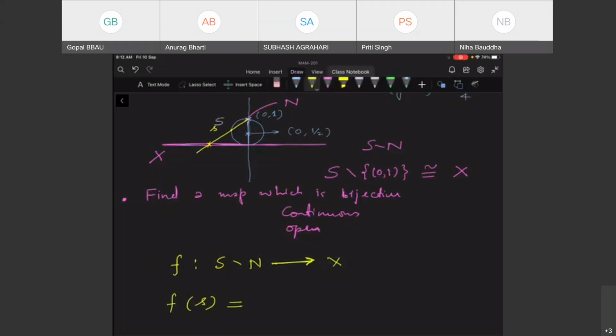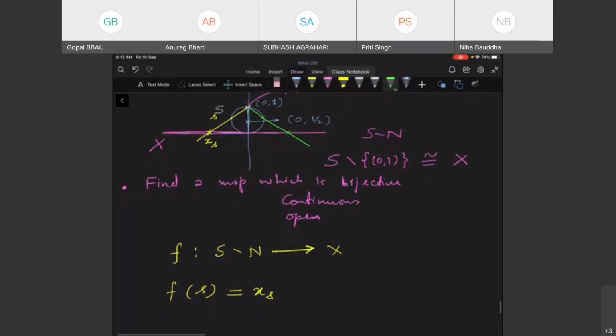Call this point xs. Similarly, if you take another point, say this point, and connect these two, it will hit exactly at one point. So this is how you define the map f.